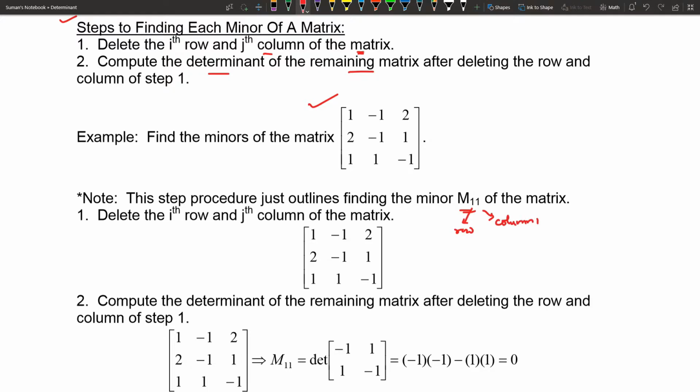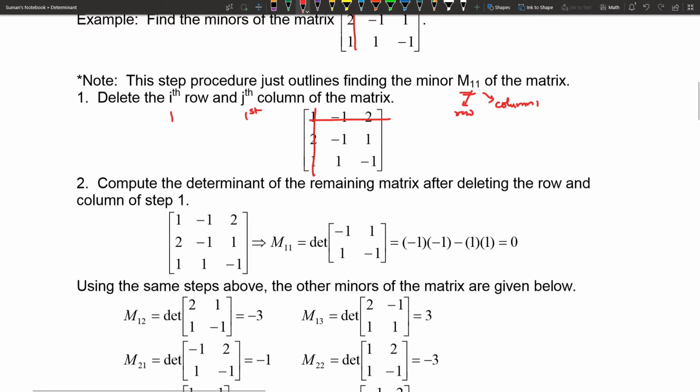That means delete the ith row and jth column, that is the first row and first column of the matrix. So if we delete the first row and first column, the remaining matrix is minus 1, 1, 1, minus 1.